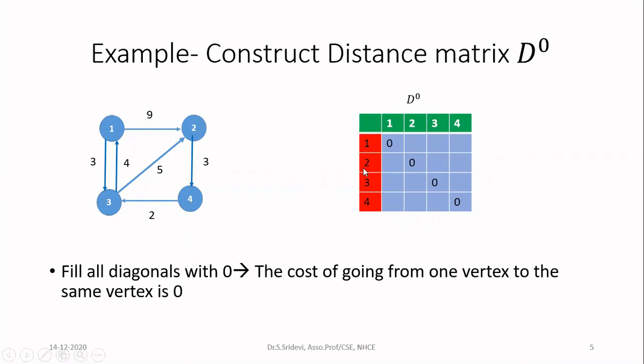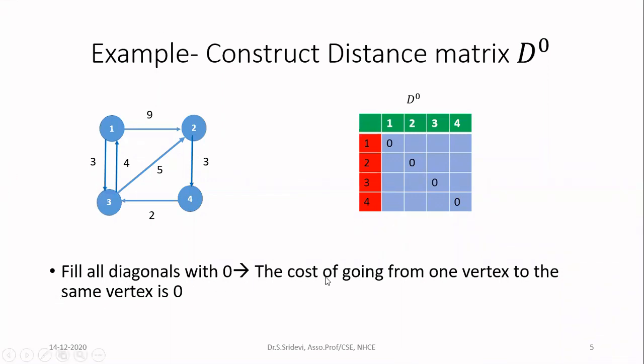Similarly, if you want to go from vertex 2 to vertex 2, the cost is 0. Likewise, if you want to visit a vertex from itself, the cost is 0. Definitely it is 0, because you are in a particular city and you want to go to the same city. You are not going to travel, you are in the destination itself already. So the cost is 0. Whenever you travel, only then are you going to add the cost. Now I am in a city, I want to go to the same city, so the cost is 0. So this is the first step: fill all the diagonals with 0.